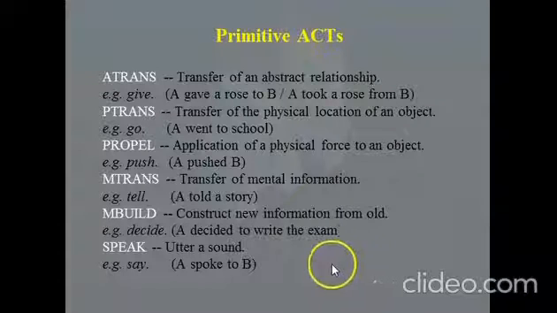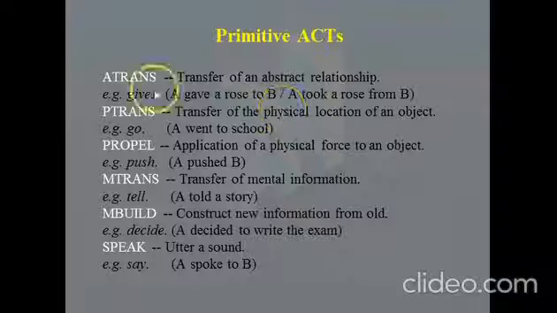So we'll be using these words, a-trans, which means transfer of an abstract relationship. Example, give. If we say A gave a rose to B, there we will be using a-trans instead of this gave. Similarly, A took a rose from B. There again we will be using a-trans in place of took.